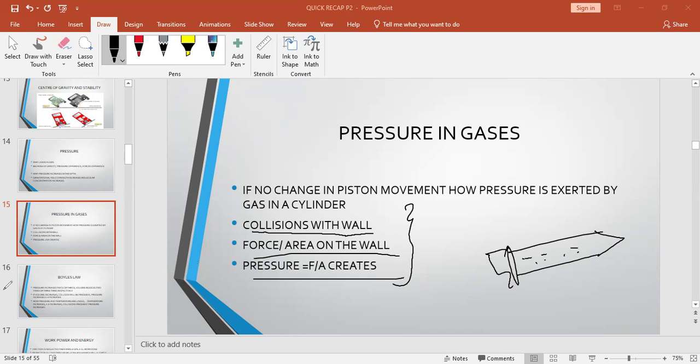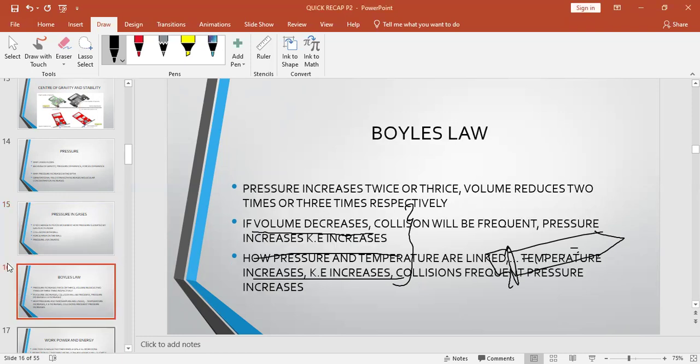But what if I increase or decrease the piston in the syringe? What will happen then? That is Boyle's law. If you increase or decrease the volume, what will happen?